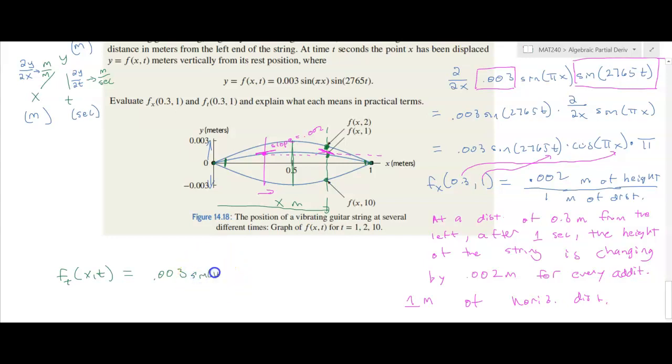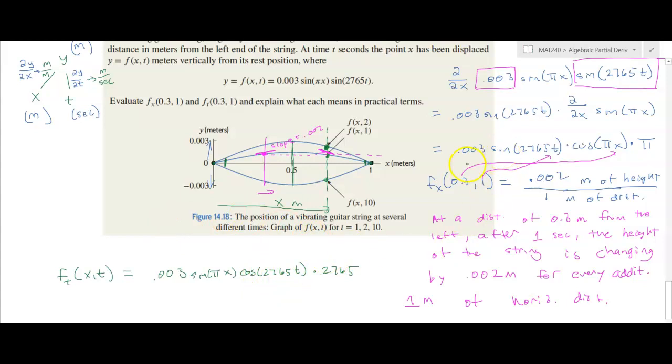Sine pi x, because x is constant here, multiplied by the derivative of sine of 2765t, which would be cosine of 2765t, multiplied by the derivative of the stuff, which is 2765.